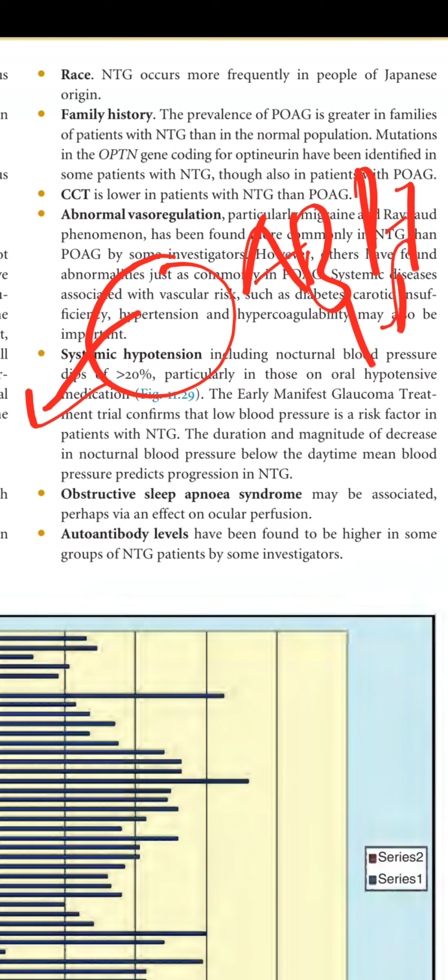The duration and magnitude of decrease in nocturnal blood pressure below the daytime mean blood pressure predict progression in normal tension glaucoma. Obstructive sleep apnea syndrome may be associated, perhaps by an effect on ocular perfusion. Autoantibody levels have been found to be higher in some groups of NTG patients by some investigators.